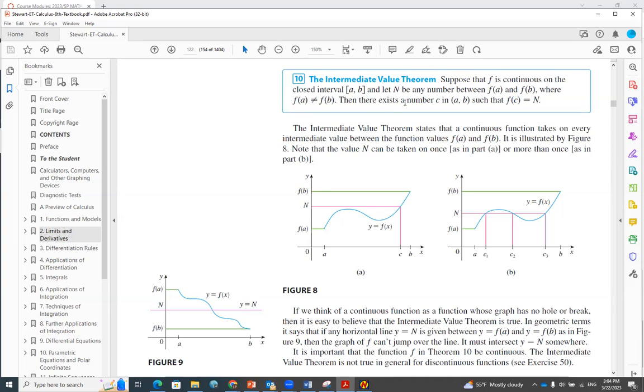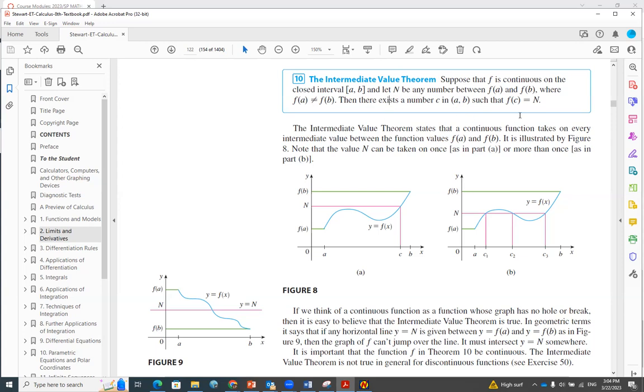Then there exists a number c in the interval (a, b) such that f of c is equal to N.